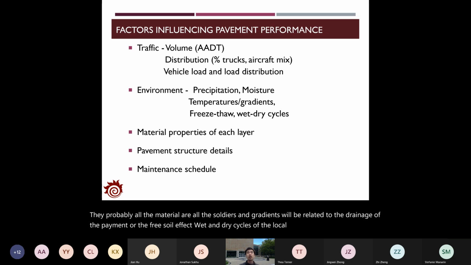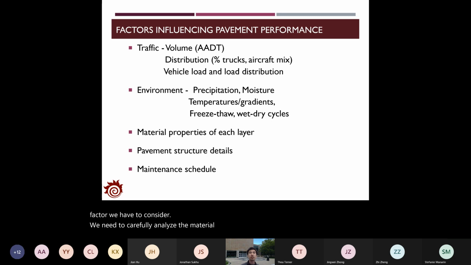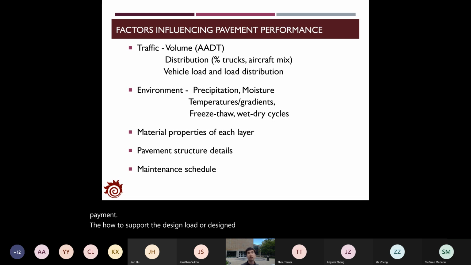Those all affect the material properties. And of course, as I just discussed, the material property is the key factor we have to consider. We need to carefully analyze the material property for each layer, especially for the flexible pavements. They have to support the designed load or designed stress applied to each layer at different depths in the pavement structure.